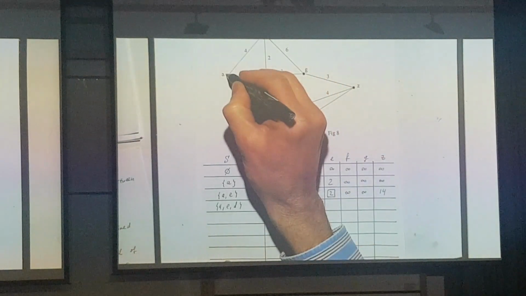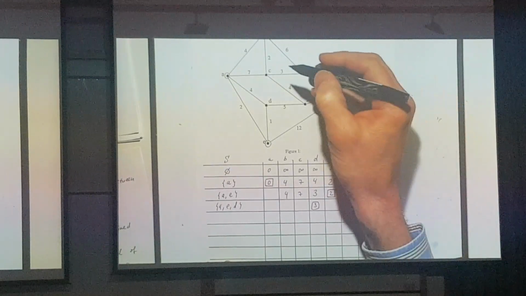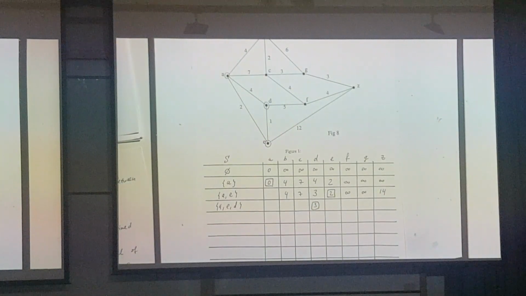You might also want to circle the vertices which are already in the set capital S directly on the graph, just to remember which ones to update, which ones not to update.